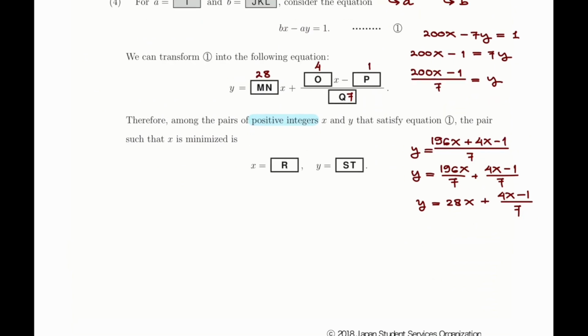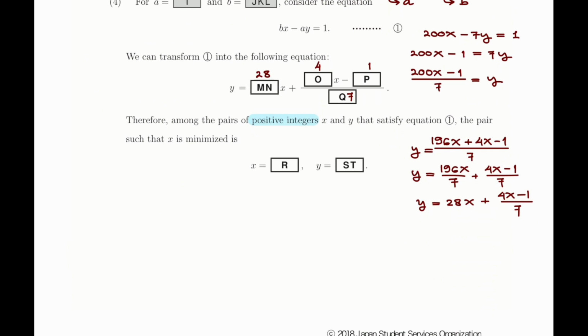That means 4x minus 1 here must be a multiple of 7, because if it is not a multiple of 7, then y will not be an integer.